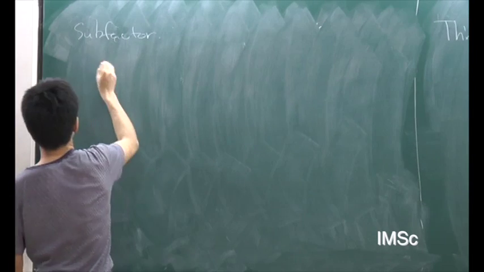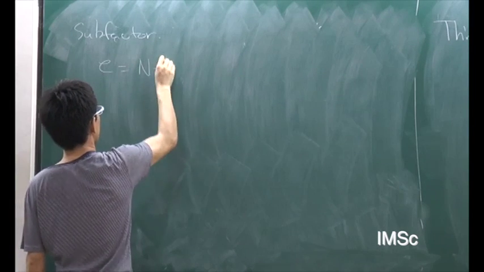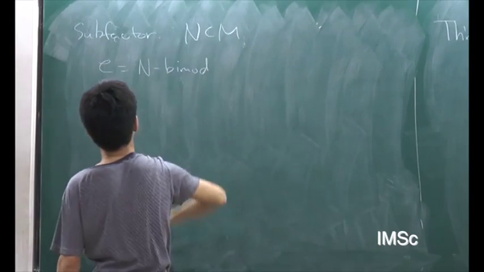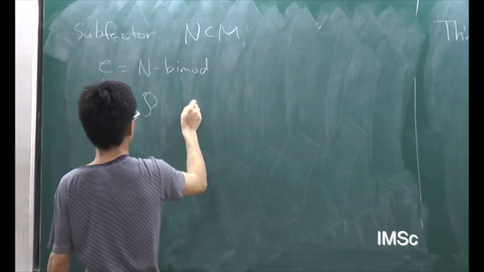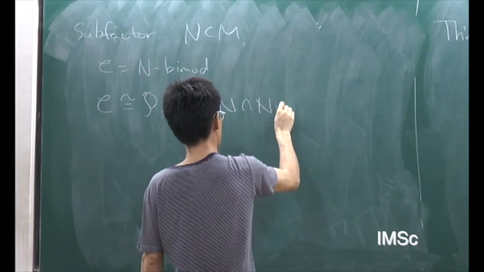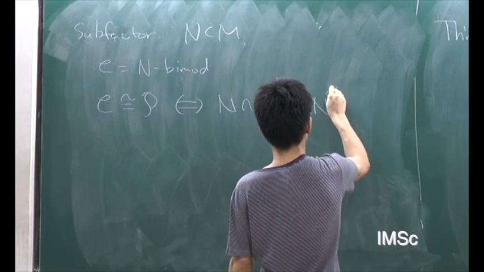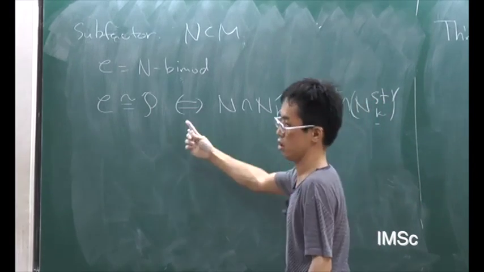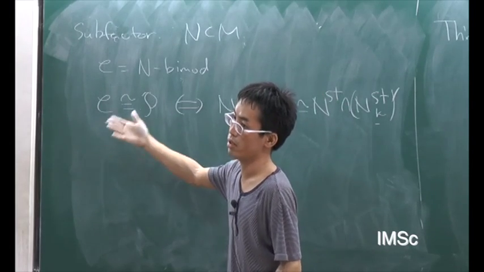So C is the N-N bimodules, let's say, from the inclusion N into M, and then C equals P is the same thing as these higher relative commutants of the tunnel staying the same when you take the standard model. So that's the subfactor formulation of having the Poisson boundary actually the same as the original data.